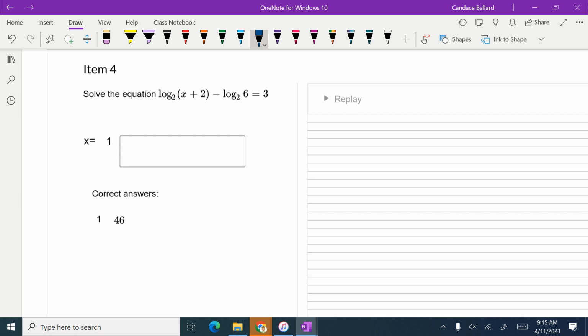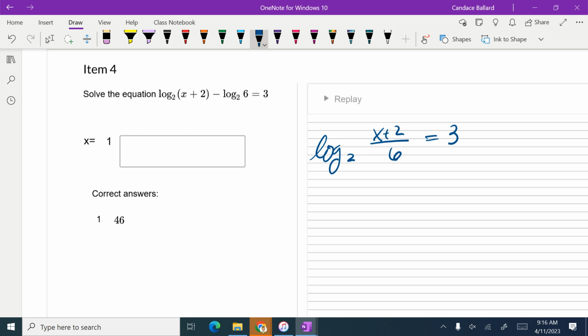But I still see a subtract or an add, which means I need to condense first. What does subtraction turn into? Division. So I would guess there's probably going to be a multiplication tomorrow somewhere, because this was a lot of division. The hard part about multiplication is it really easily turns into a quadratic, and I wasn't testing you on quadratics.